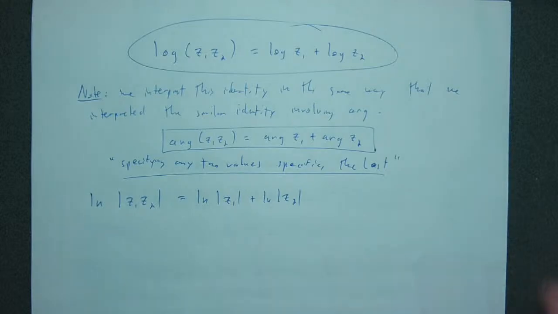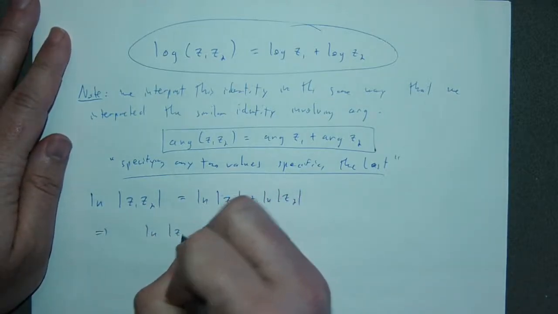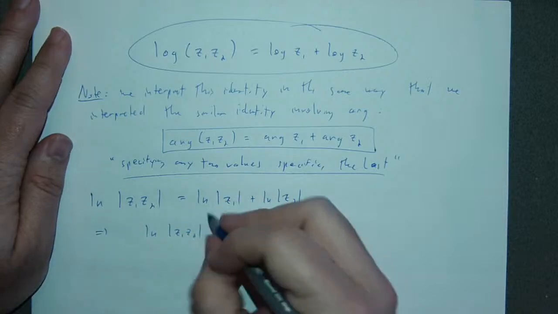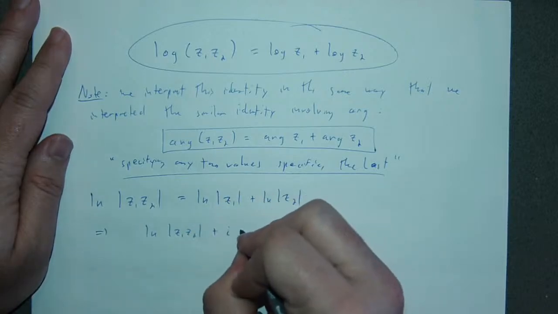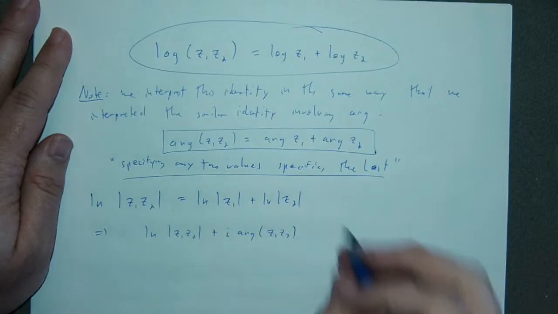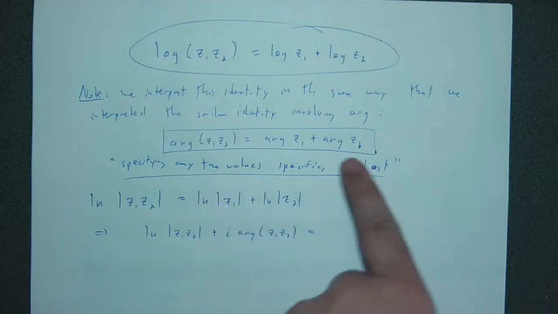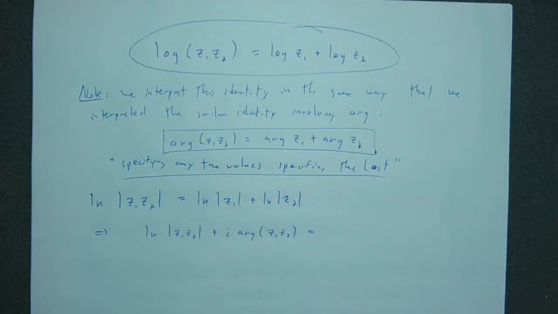And then if I look at the expression natural log of modulus of z1 z2 plus i times the argument of z1 z2, I can break the natural log up in this way, but I can also break the argument up using this expression here.